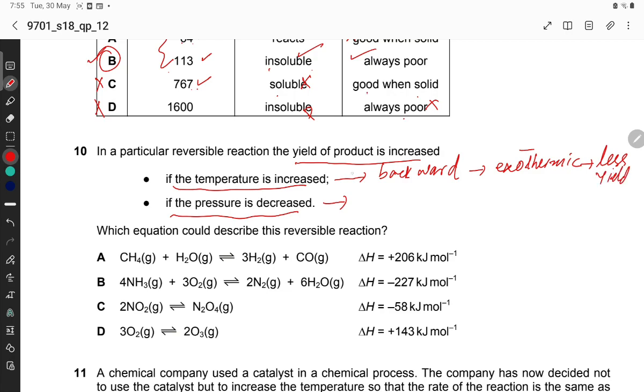If the pressure is decreased, the reaction will favor the side with more number of moles.